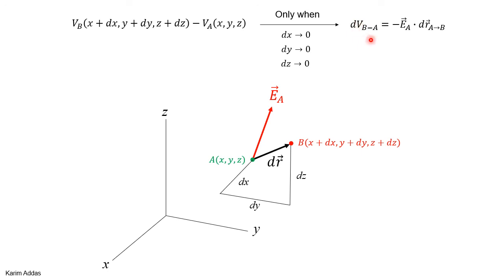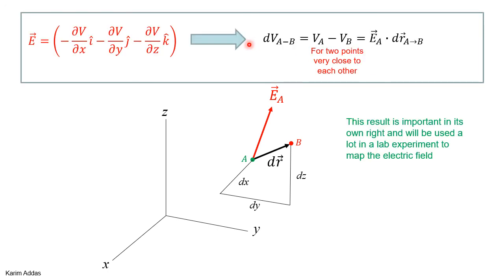So if you just multiply by -1, this becomes dV A minus B, and then the minus sign goes away. So sometimes you'll find this expression with a minus sign, and sometimes you'll find it without a minus sign, depending on which 2 points you're using, the potential at A minus B or B minus A.